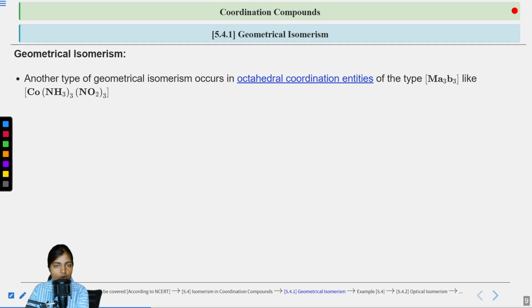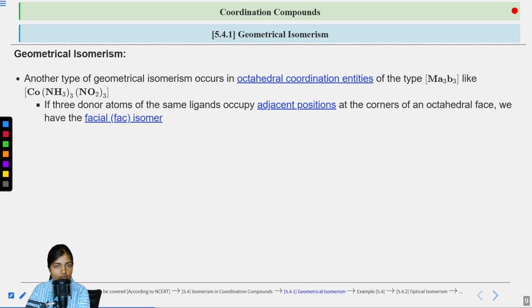Octahedral coordination entities means, again, the central metal is going to attach with six molecules of ligands, and it is of type Ma3b3. For example, cobalt with the ammonia molecule in number three, and the NO2 molecule in number three. It is representing a complex of type Ma3b3, an octahedral coordination entity, which shows a different type of geometrical isomerism.